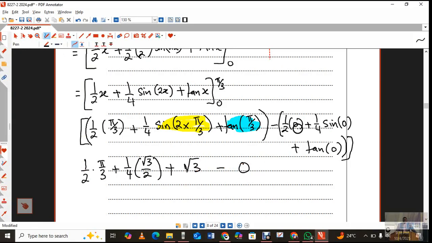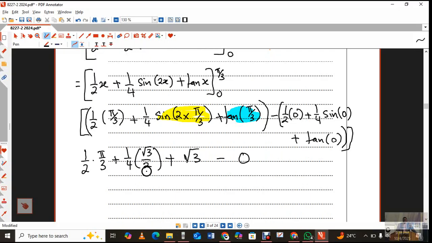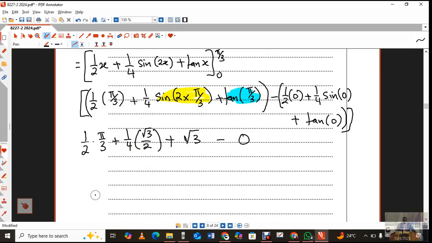Minus what? Minus 0. 0 there, 0 there, 0 there. So let's see what it is that we have. We have pi over 6 if we multiply these two over here. That gives me pi over 6 plus, if you take these two, you get root 3 over 8 plus root 3.